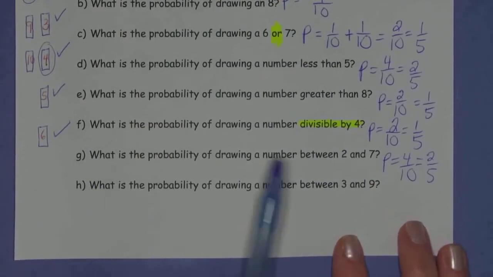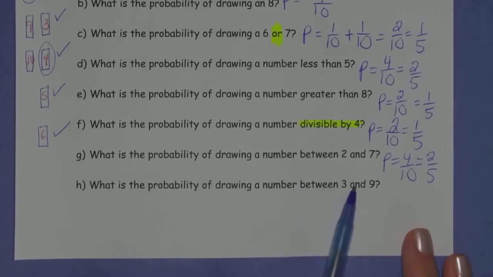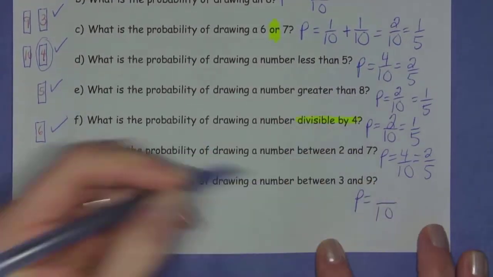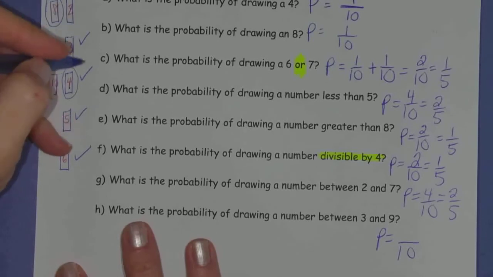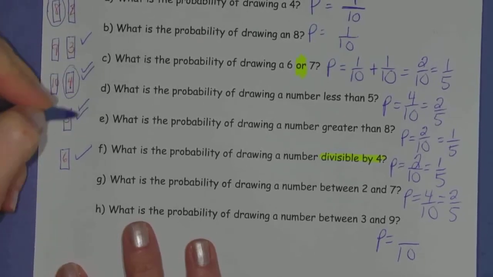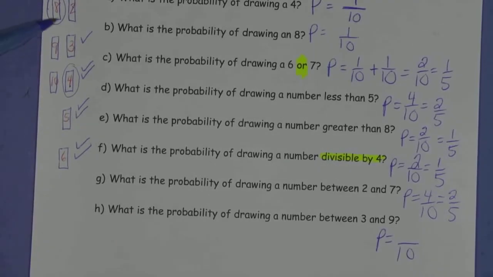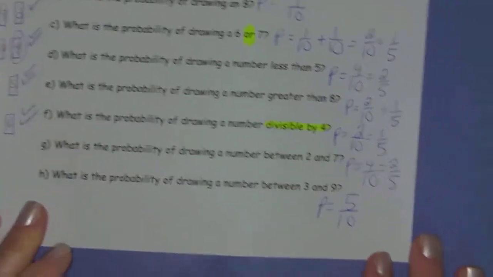Okay, that was G. H. What is the probability of drawing a number between 3 and 9? Okay, between 3 and 9, not including. So between 3 and 9, we would have 4, 5, 6, 7, and 8. So that's 1, 2, 3, 4, 5 out of 10.